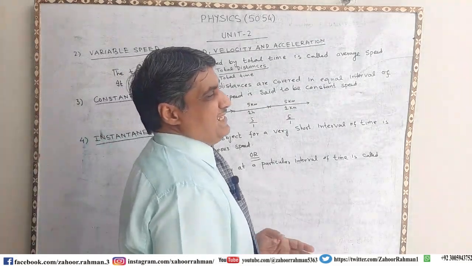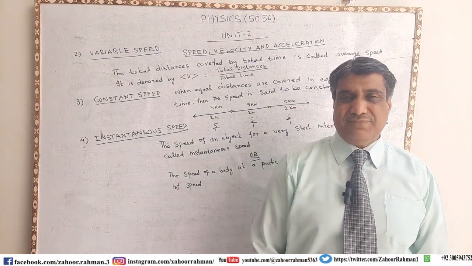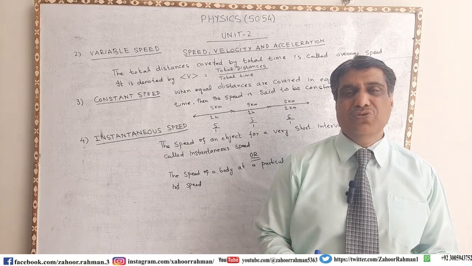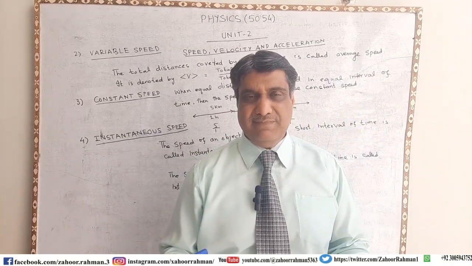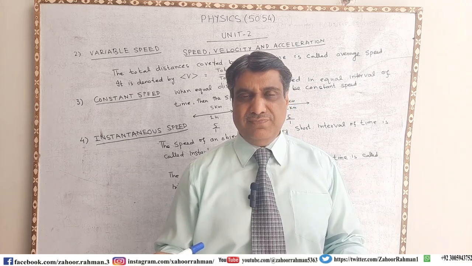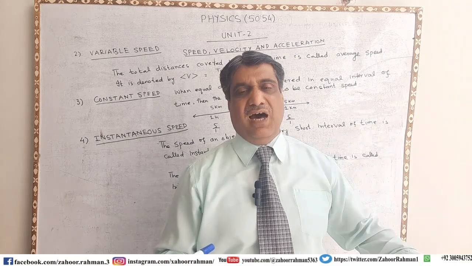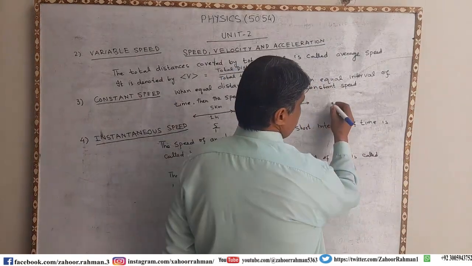Let me give this example, as I am giving this example to my students always, that if you are a police officer, you are sitting in master control room, and there are police officers working at different spots.